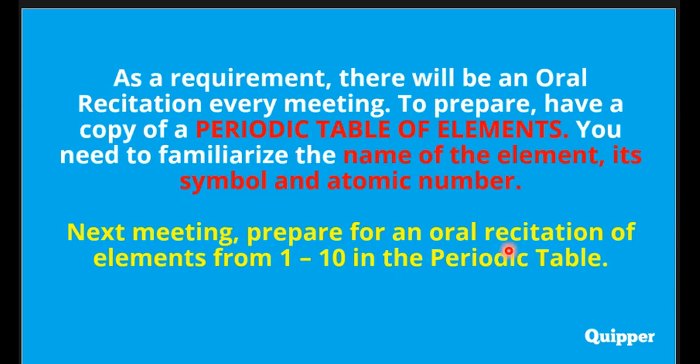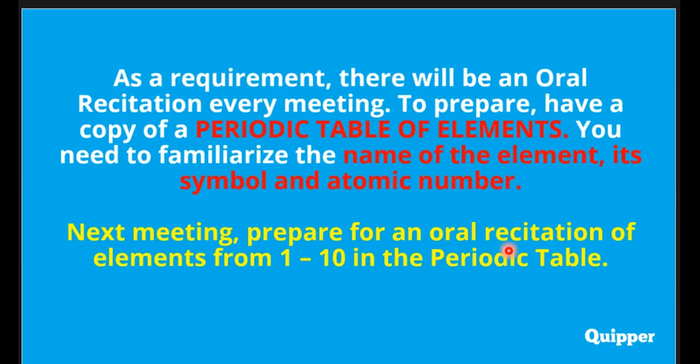For example, the first, or the lightest, element in the periodic table is hydrogen, with the symbol H, and its atomic number is 1. Those are the three things that you are just going to remember: the name of the element, its symbol, and the atomic number.